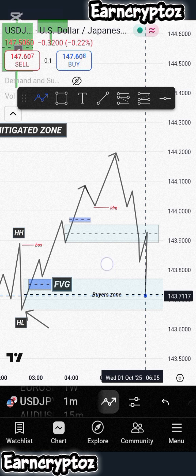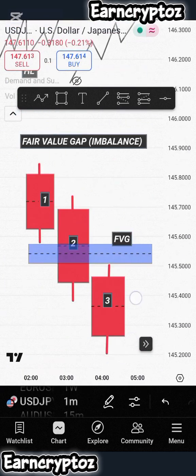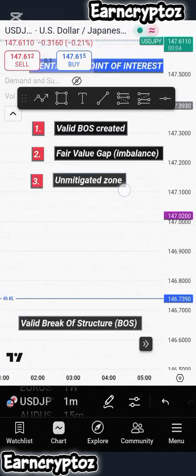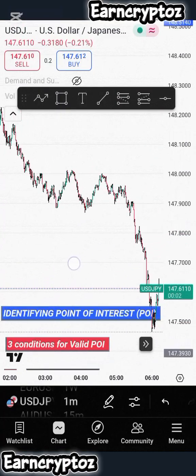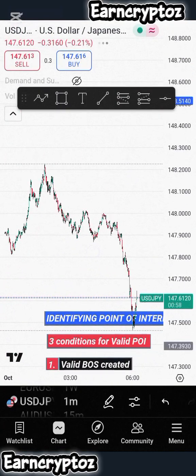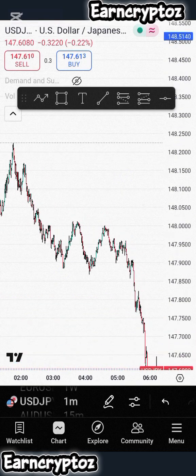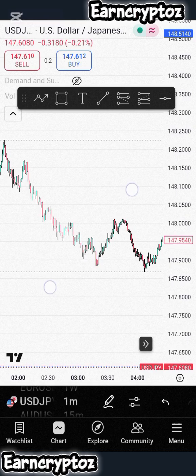Okay, so let's look at the chart and see exactly what we're talking about. So this is a chart. So this is great. So we have a downtrend right here. So we're just going to start from here for explanation purpose.